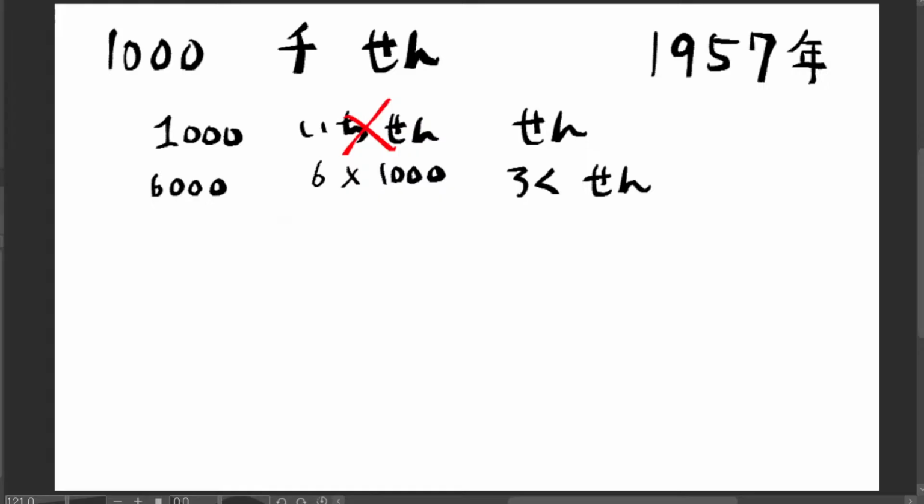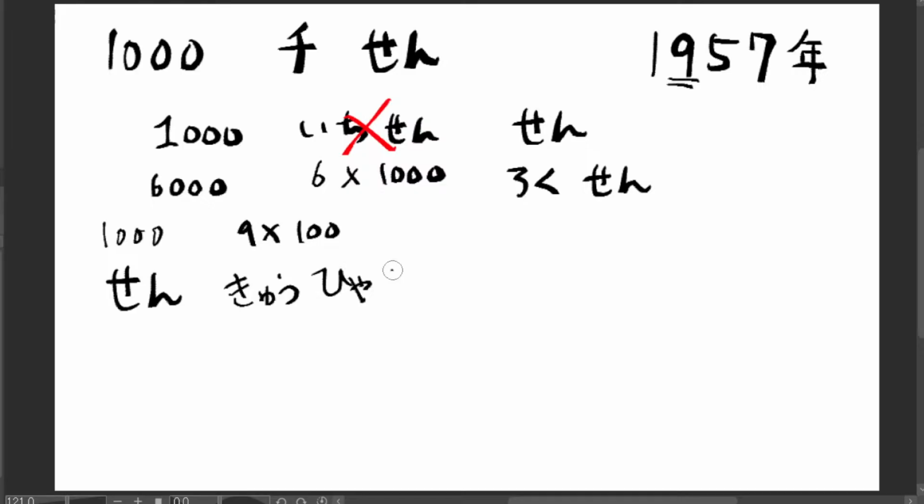So how do you say 1957? You say sen, because it only starts with 1,000. So sen, and you have 9 times 100: kyu hyaku.